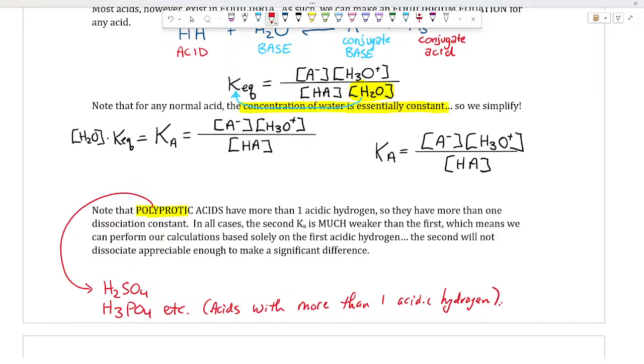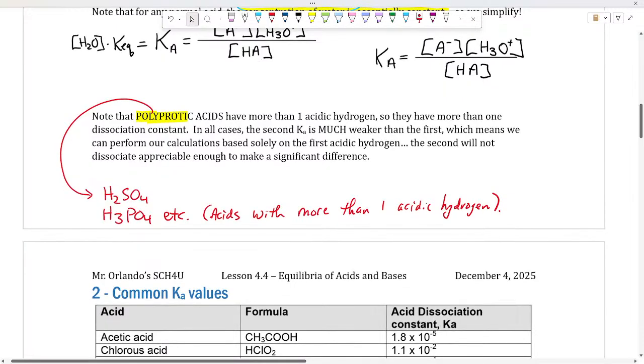They don't lose them all at once. In fact, back to Sarah's point, in those cases, you actually have to treat that as being 3 acids in one, each with its own Ka value. So each acid has its own Ka value.